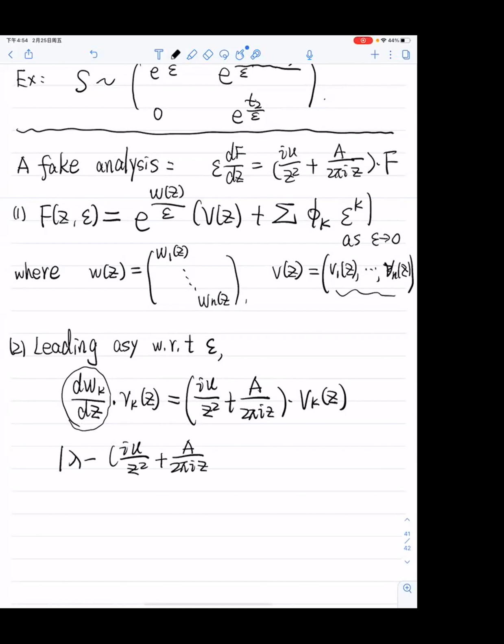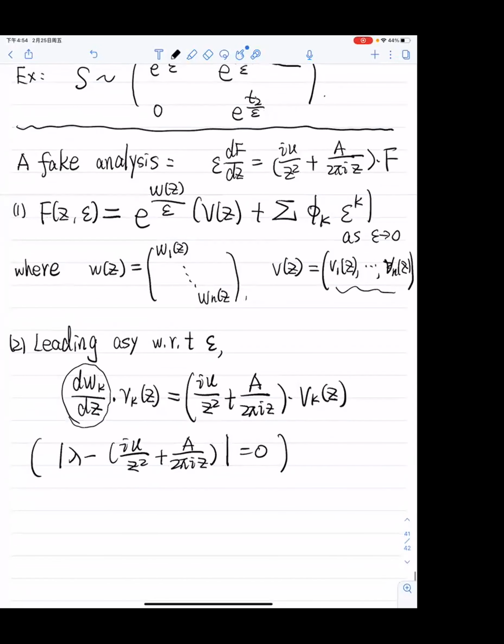The equation which determines the spectral curve is given by this. So we can see that if we write the power series solution, the leading terms should be related to this algebraic curve defined by the eigenequation.